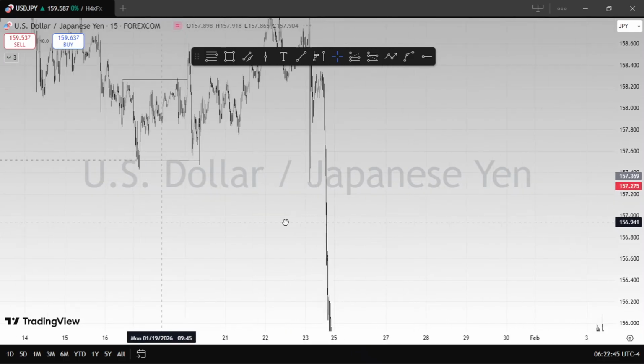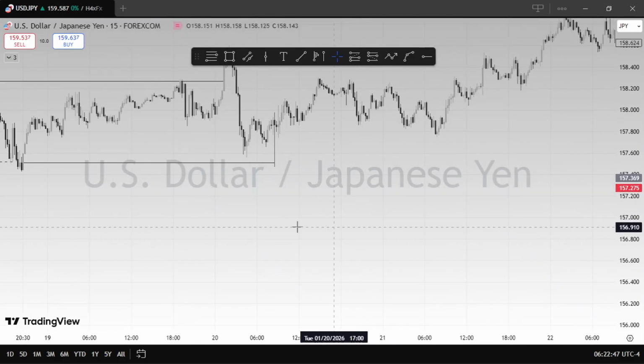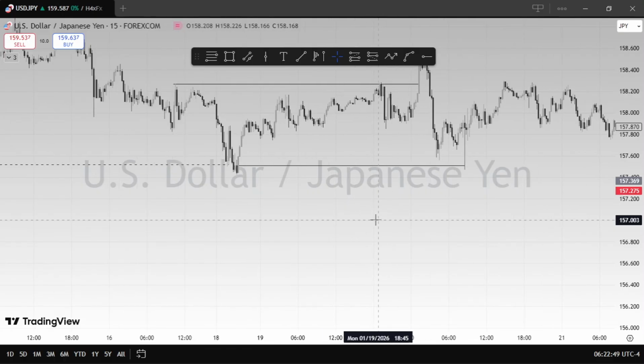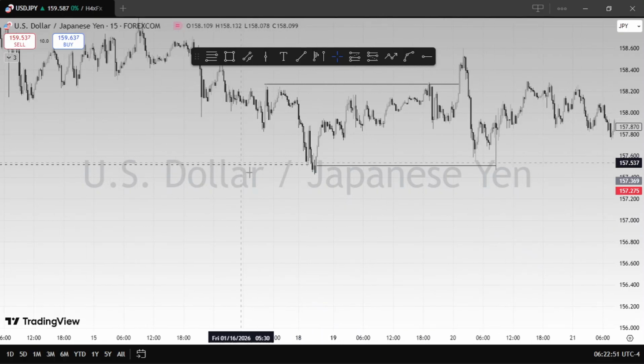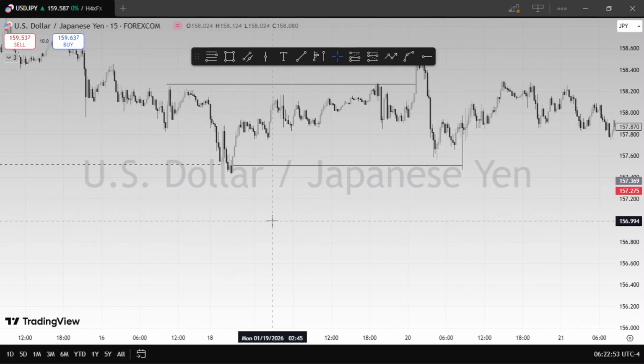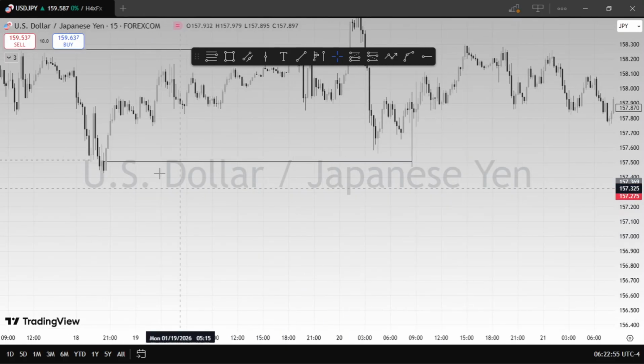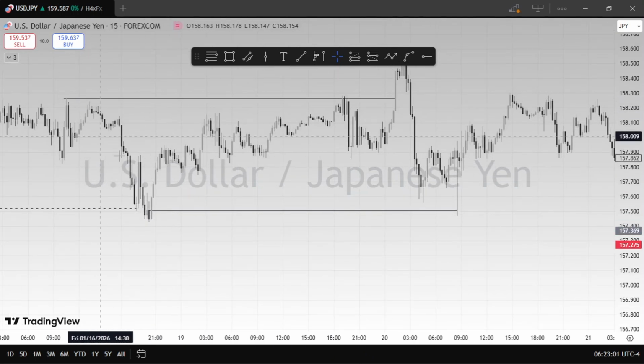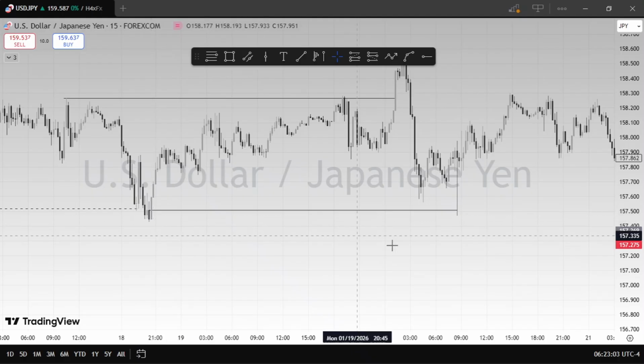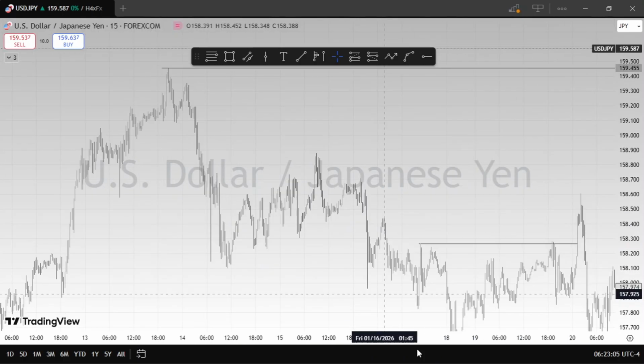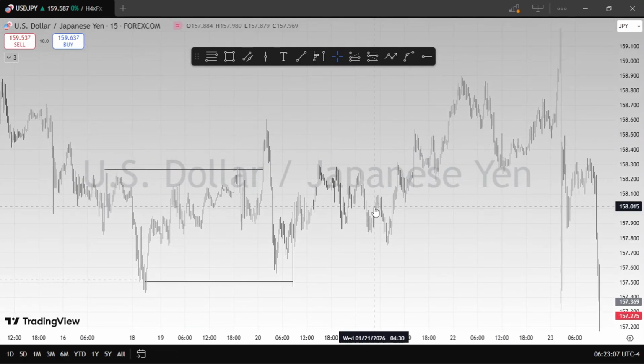Price has wicked out the inducement leg, and then this is an order block. The last sell candle before the buy is an order block where price is going to mitigate, and then my target is going to be this high here.